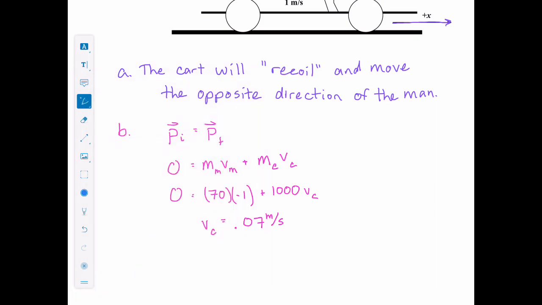But that's not the answer, because that's not what the question is. The question wants us to know not how fast the cart is moving, but how long it takes the man to reach the other side. Well, we know speed is distance over time, or displacement over time. We're trying to find time. We know the cart is 10 meters long, but what's the speed?